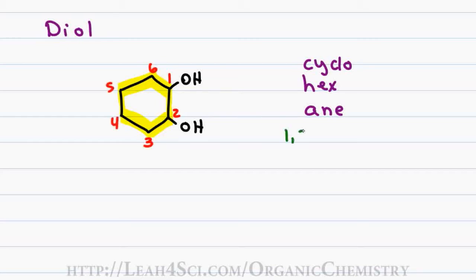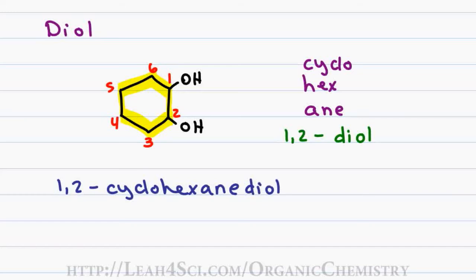I will write 1,2 to show which carbons the OH groups show up on, and then I will put di in front of the OL to show that I have 2 alcohols. Putting the name together, I get 1,2-cyclohexanediol. Notice that I did not drop my E in this case, given that I have the consonant D in between 2 vowels.